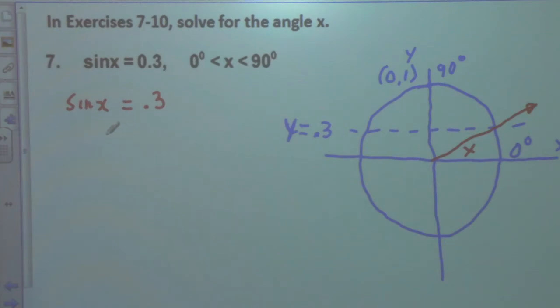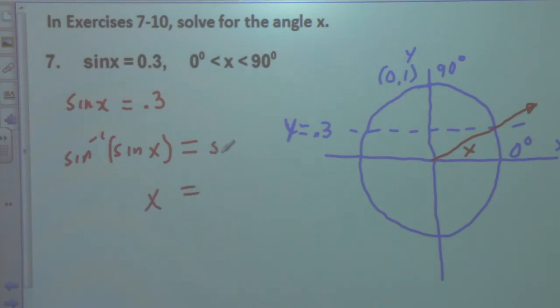Anyway, what happens here, we're trying to isolate x, and to isolate x, what do you have to do? Well, to isolate that, we take the inverse sine of sine x. And what's the inverse sine of sine x? It's x.